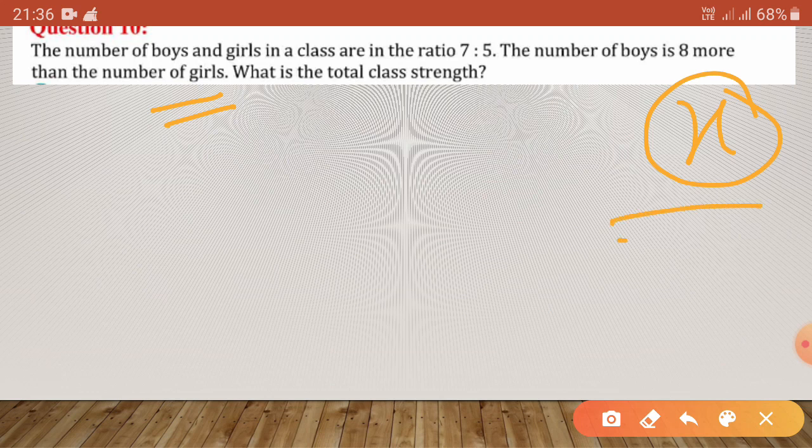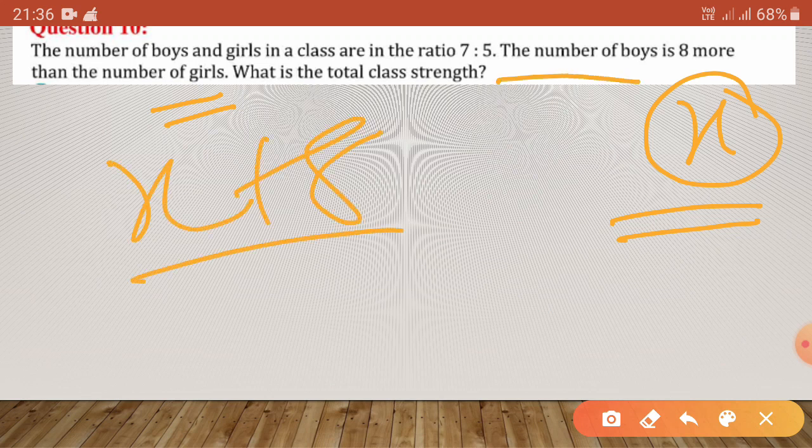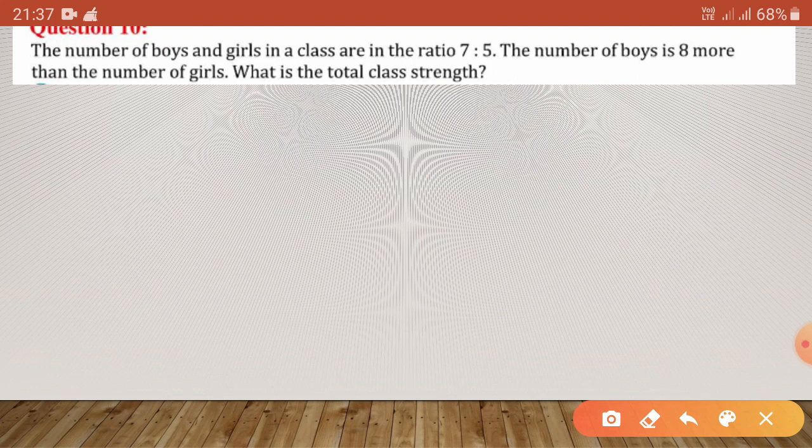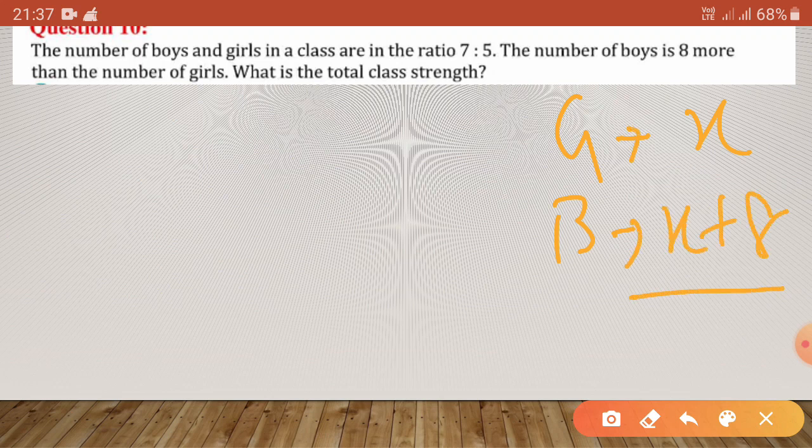So if we assume that the number of girls in this class is x, then the number of boys will be x plus 8, as per the question.